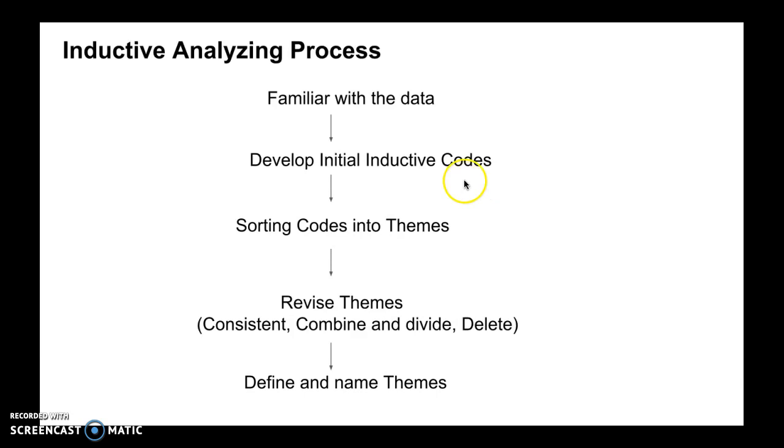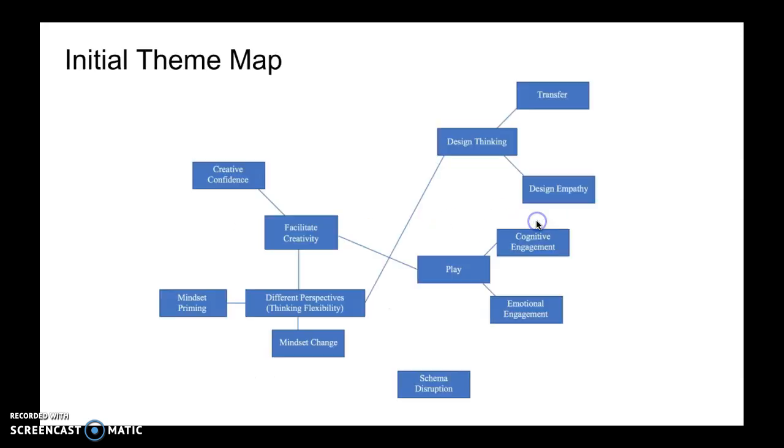After developing the code book, I tried to sort the codes into themes. And I developed a theme map. In the initial theme map, I tried to put every code there, because I don't want to lose any codes.